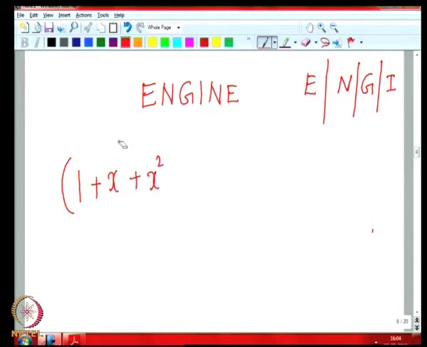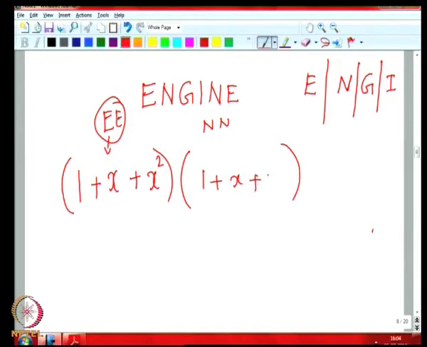This is the term we introduce for E. And now for 2 N's also we can have one such term, because you may not select any of the N's in the 4 letters we pick from this, or we may select 1 N, or we may select 2 N's. And for other letters G and I, which appear only once, we have only 2 choices, either we select or we do not select.